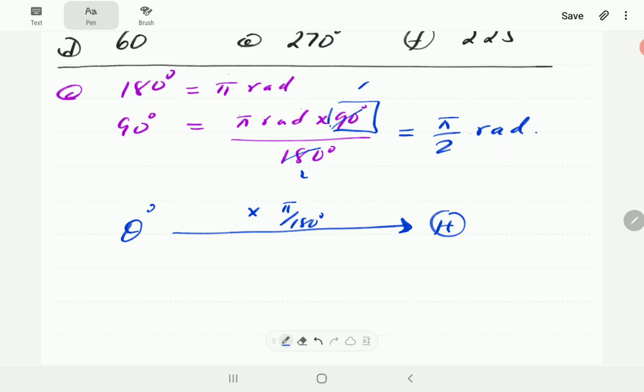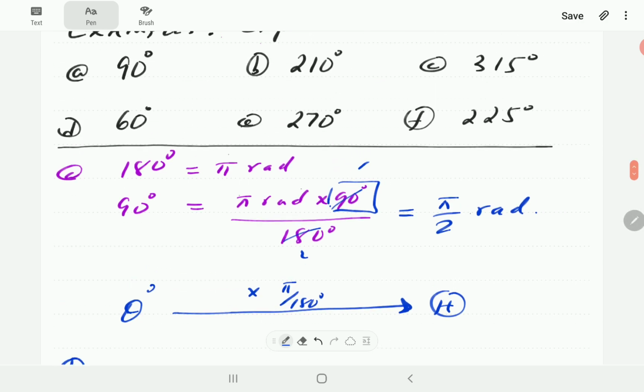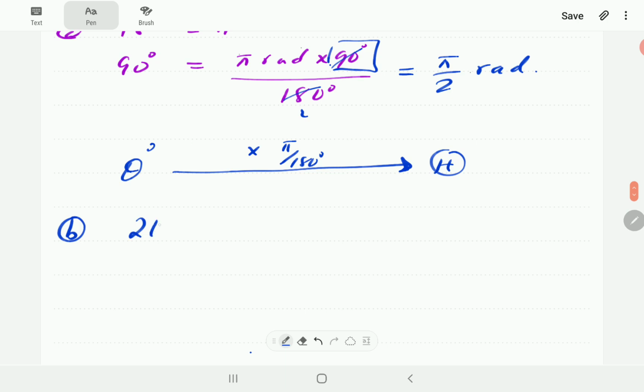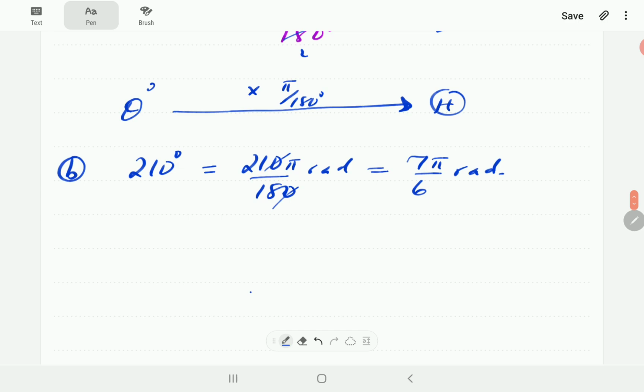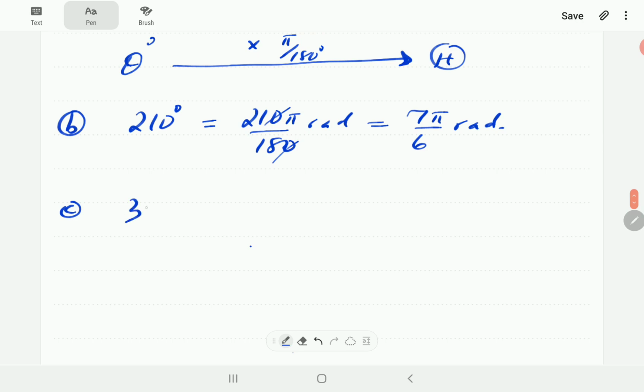So that's from degrees to radians. In part B we have 210, so this is going to be 210 times pi divided by 180: multiply by pi and divide by 180. Here 3 goes 7 times into 21, and 3 goes 6 times into 18. Then the last one is 315.